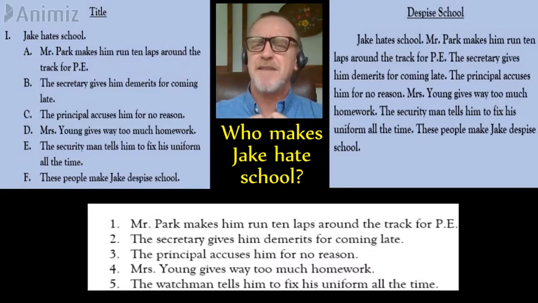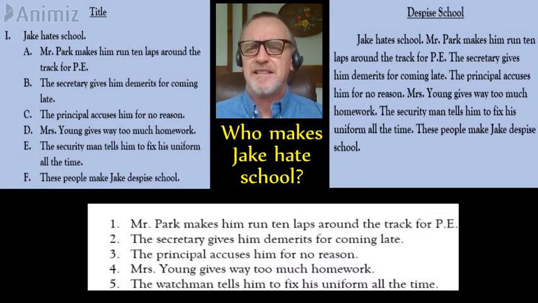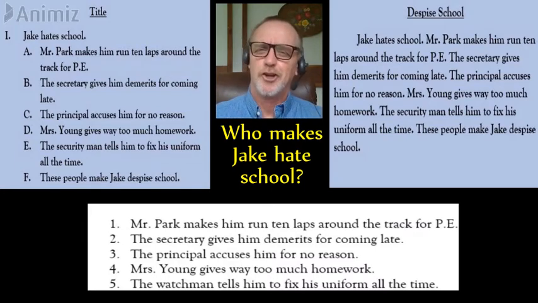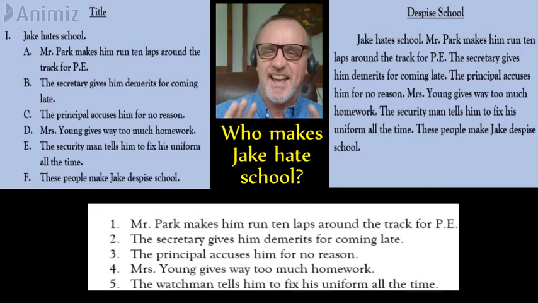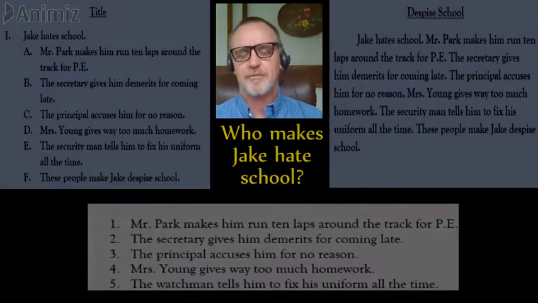The security man tells him to fix his uniform all the time. These people make Jake despise school. Don't forget that this paragraph outline answers the question, who makes Jake hate school?